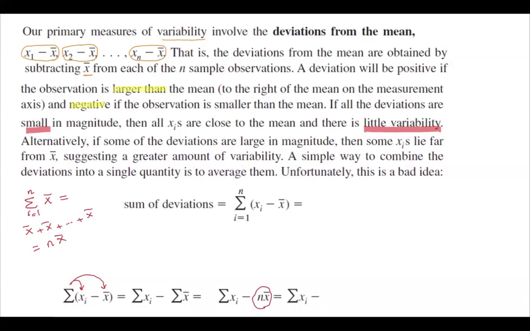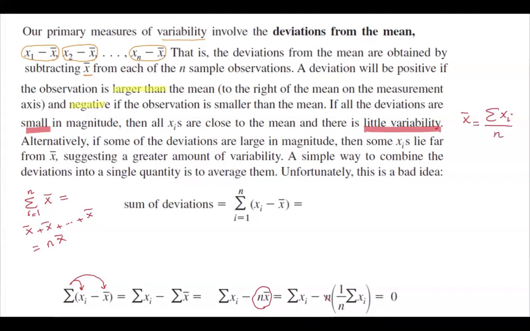Well, what's happening now? You have the summation of all observations minus, well, this can be written as n times the summation of xi's divided by n. This is the definition of x bar. Remember that. The average is the summation of all observations divided by the n, which is the number of values in your collection.